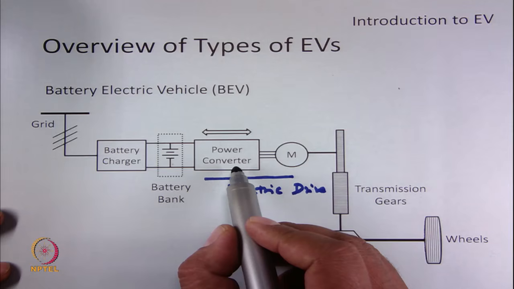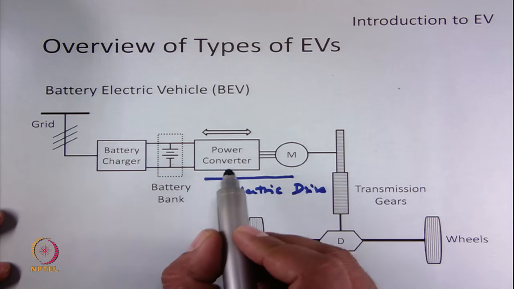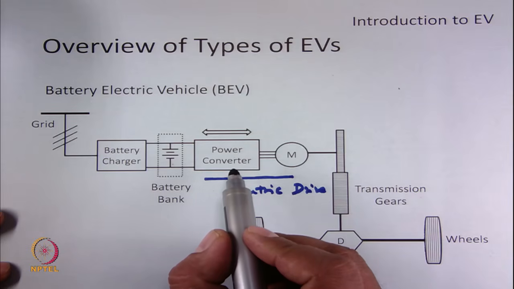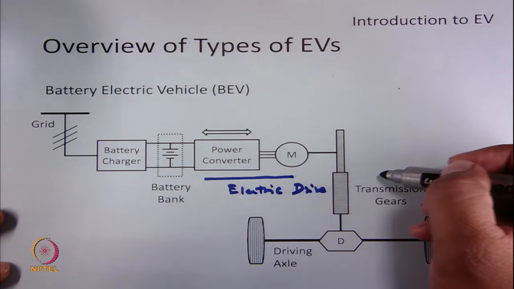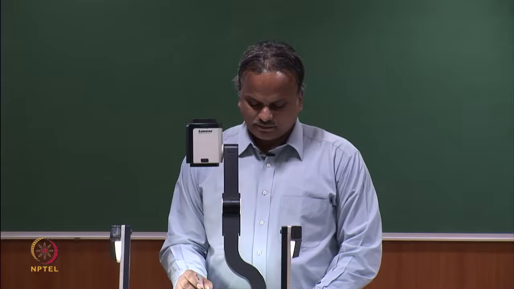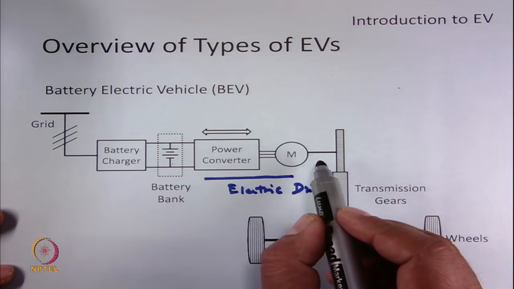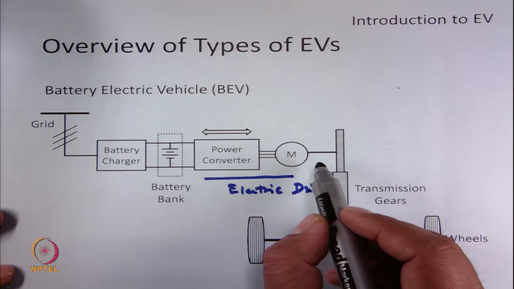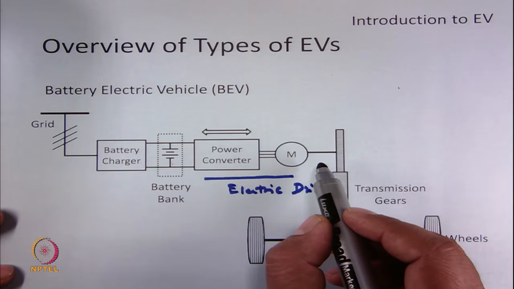This power converter has to be designed to carry bidirectional power flow, since it can also be used to regenerate the power coming from the wheels during braking. You can also see that the clutch is normally not required in a battery electric vehicle as in a conventional IC engine based vehicle.